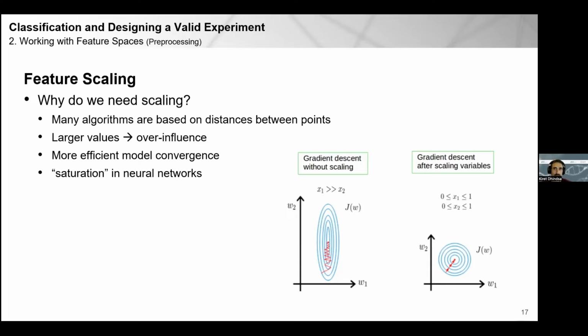And how close these points are to a decision boundary, for example, in the case of classification, also tells us something about how important these data points are. So if we had different variables that are scaled differently, this has potentially an undue or unjustified effect on the distance between points.